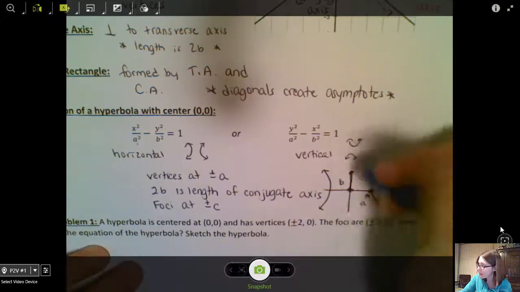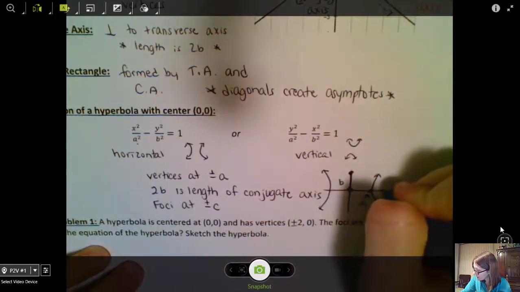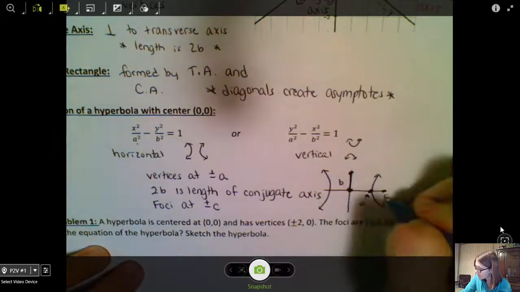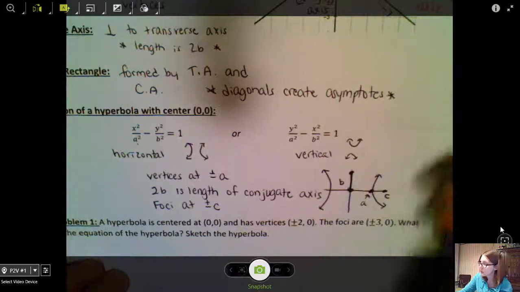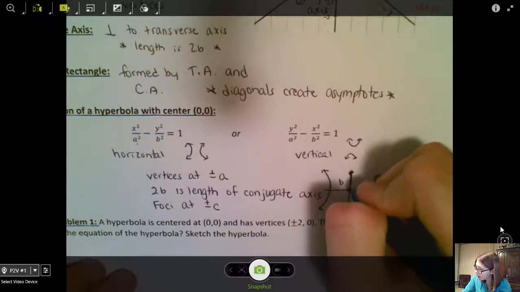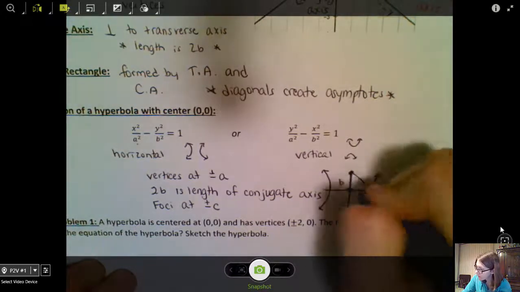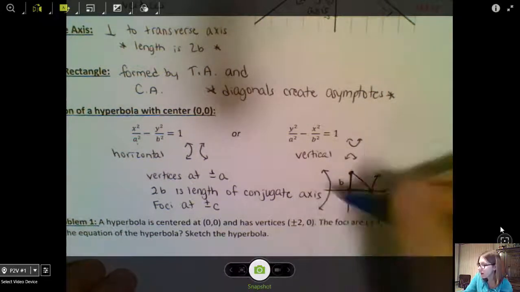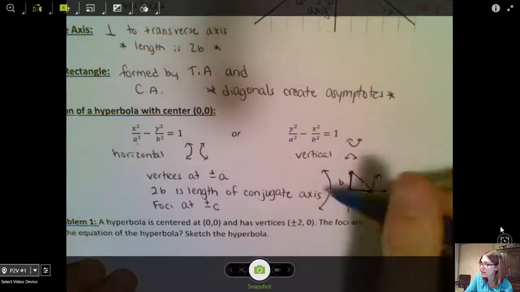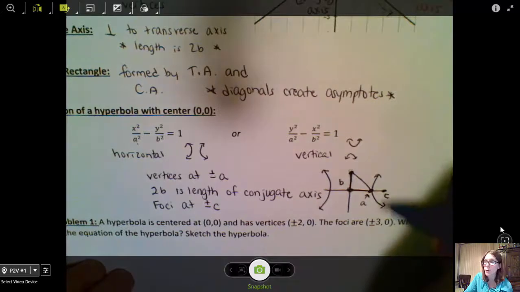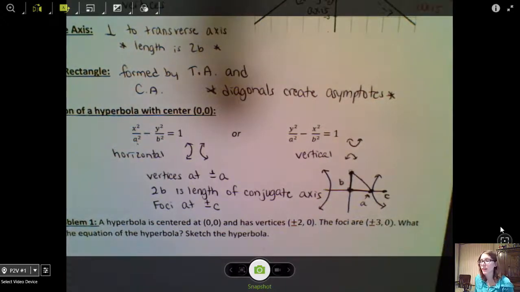And then our foci are at c. Now we have a similar situation to what we had with our ellipses, where a right triangle is formed here. And again, the length of our hypotenuse is also our length from the origin out to our focus. So that comes into play a lot as well, just like it did with ellipses.